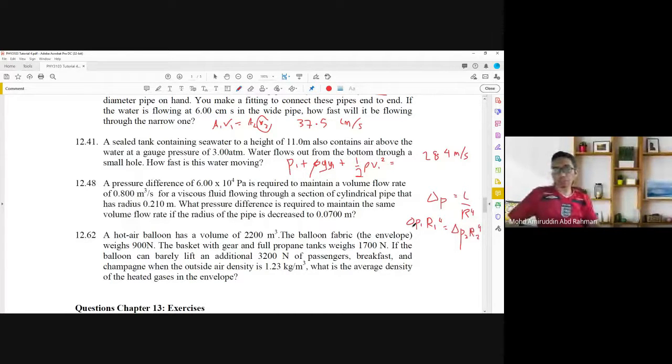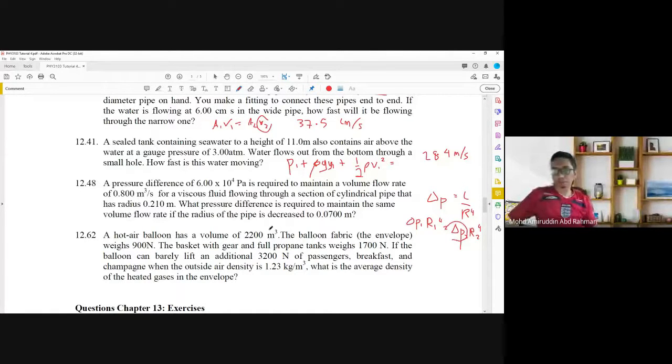Because the length is similar, right? So we can equate the pressure before and pressure after. Once you have that, you will know what the pressure difference is, so we can find delta P2.